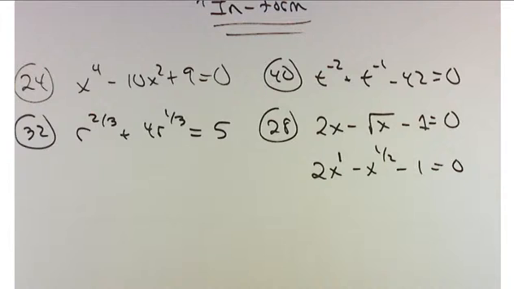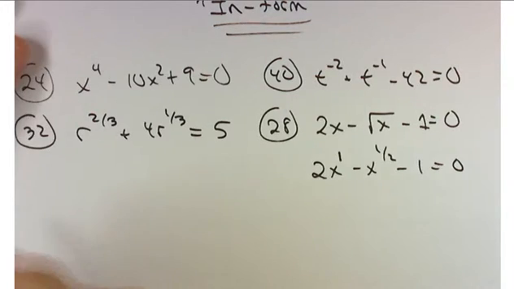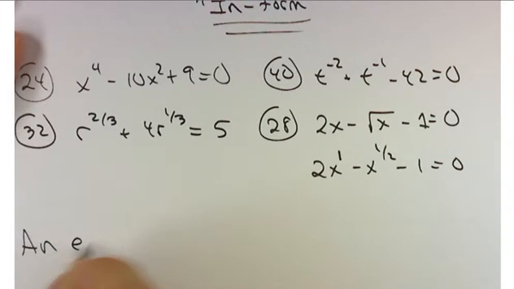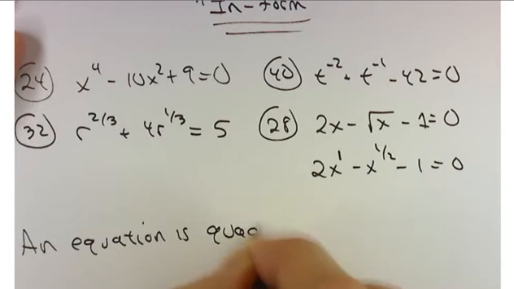Now, it doesn't depend on the variable, and it doesn't necessarily depend on having 0 on one side or not. Think about the exponents. See if you can't figure out a pattern in the exponents and help me finish this definition. An equation is quadratic in form if.